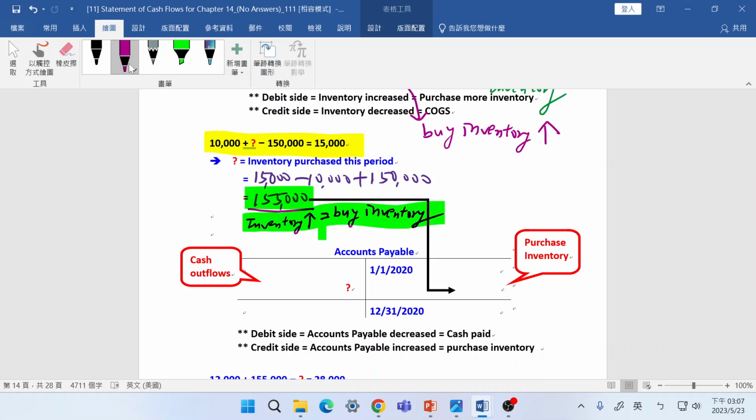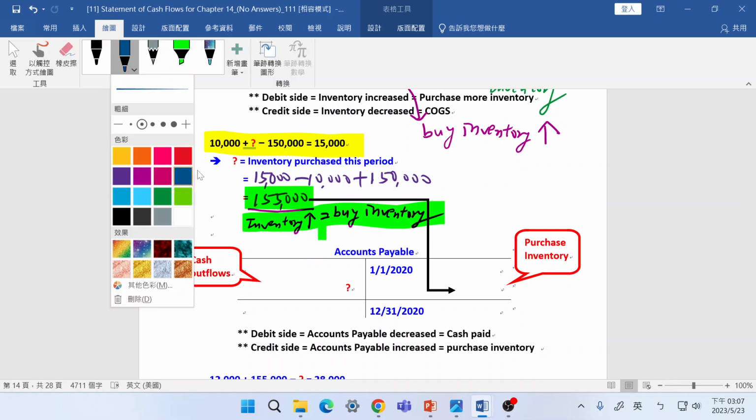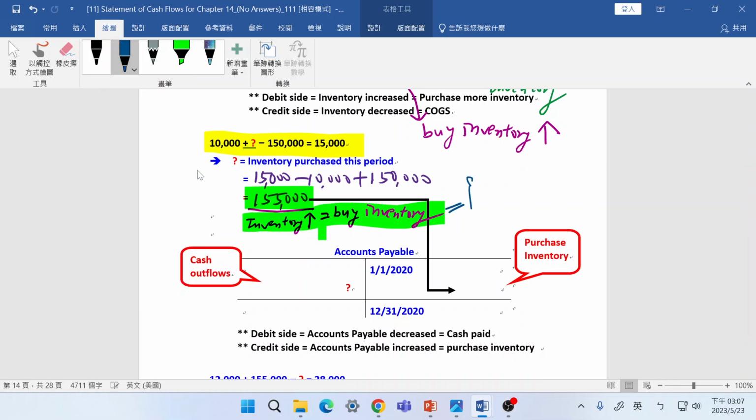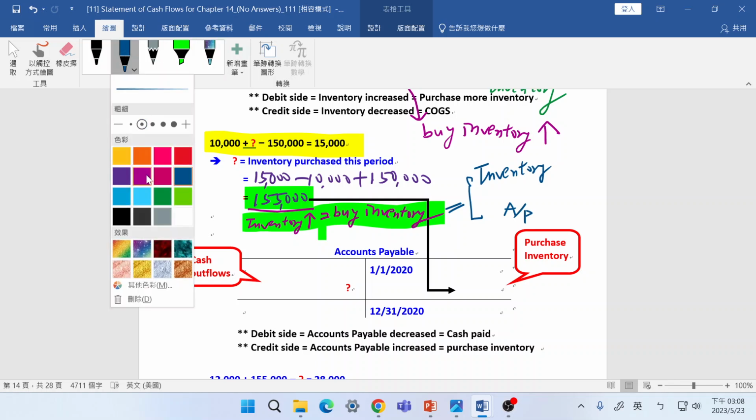Usually, when you buy the inventory, did you pay the cash yet? Not yet. So I buy the inventory, inventory increases, but I didn't pay the cash. Accounts payable increases as well.